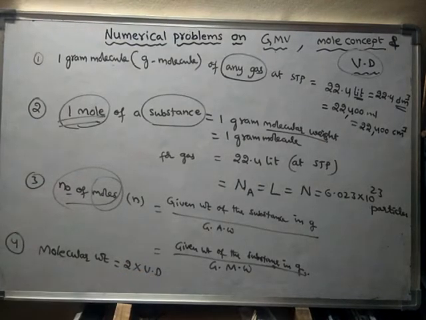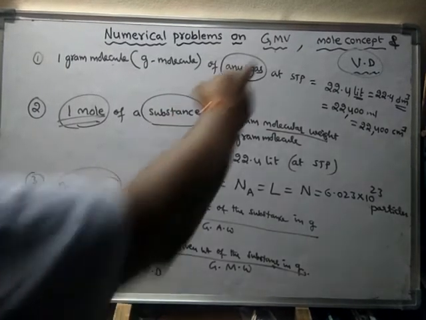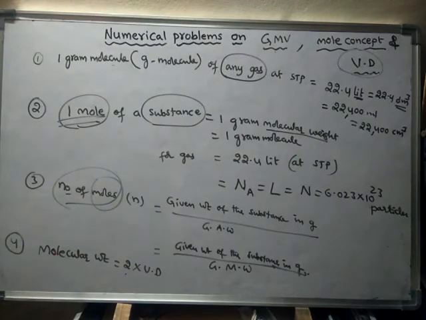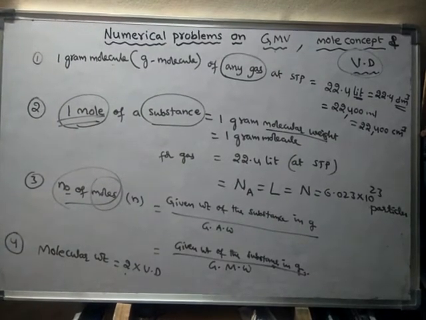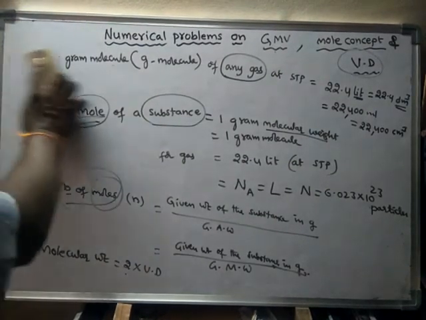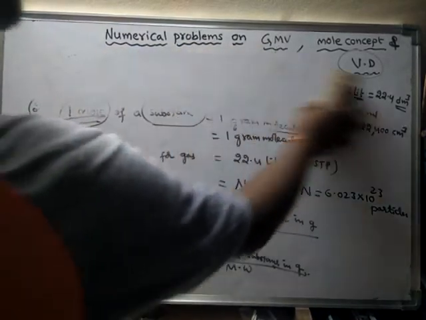So molecular weight of any substance will be equal to 2 into vapor density of that substance. These are the formulas we have to recall before calculating problems based on these concepts. Now we will go with some numerical problems.